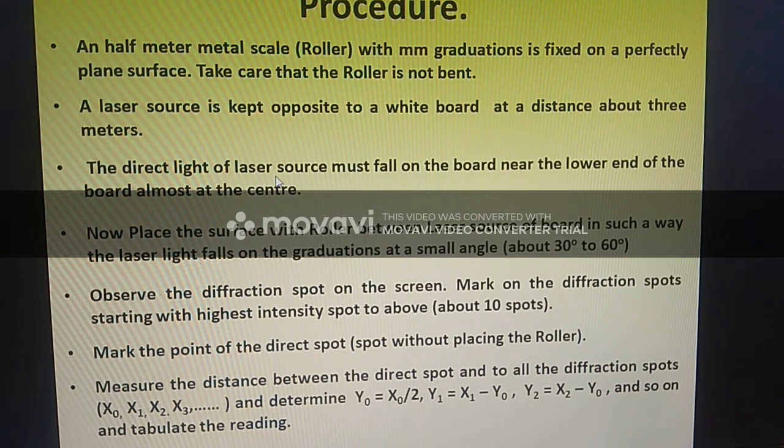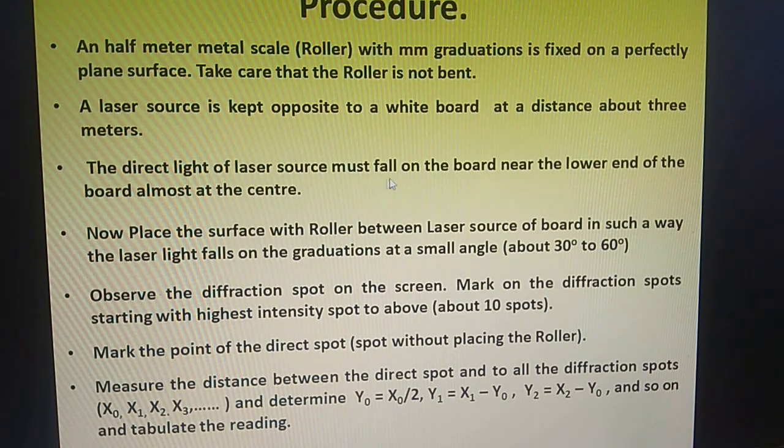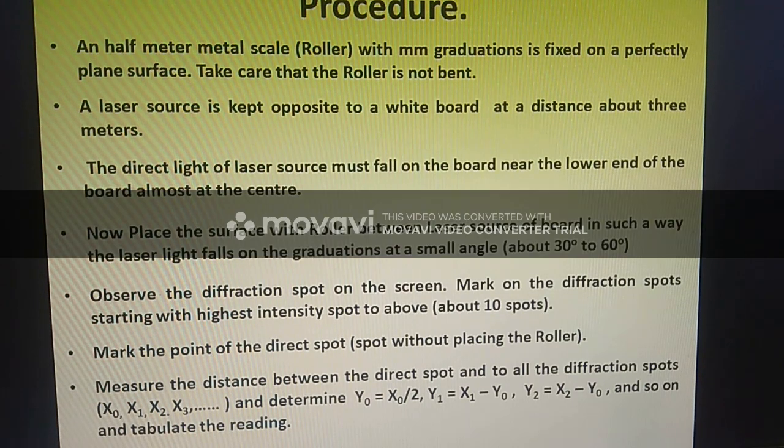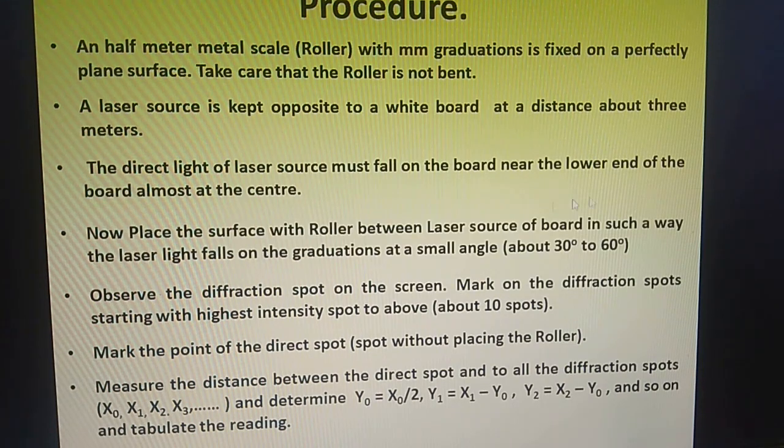The direct light of the laser source must fall on the board, at the lower side of the board, almost at the center.